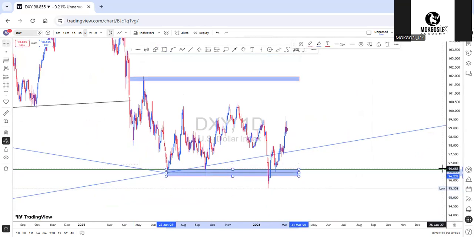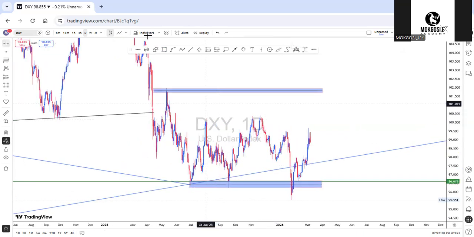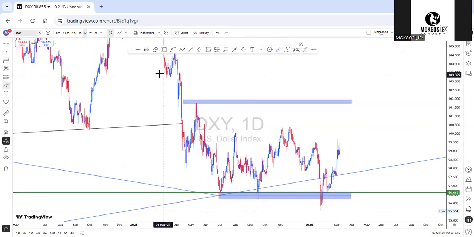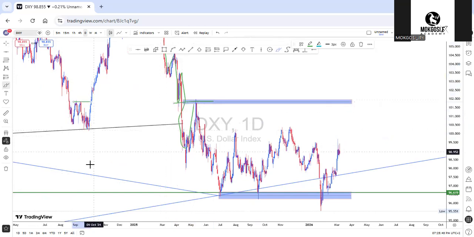I mark this level because it's the previous high. It's where the market respected. The market went down and pushed to the upside, went down and pushed to the upside, and pushed to the downside again and came back, respecting this level. We will see even in the previous year, the reason why they respected here is because of this.